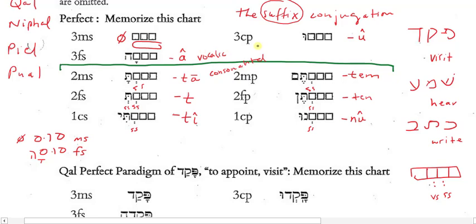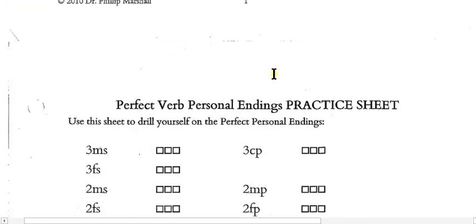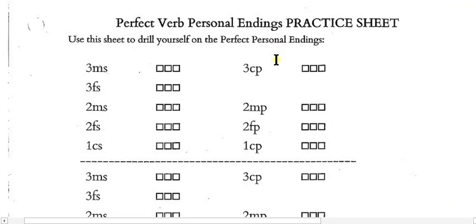And above third person, all of the endings that I'm adding are vocalic, except for the 3MS. I'm not adding an ending at all, so it's neither consonantal nor vocalic. So if you ever wanted to practice doing your chart, what could you do?